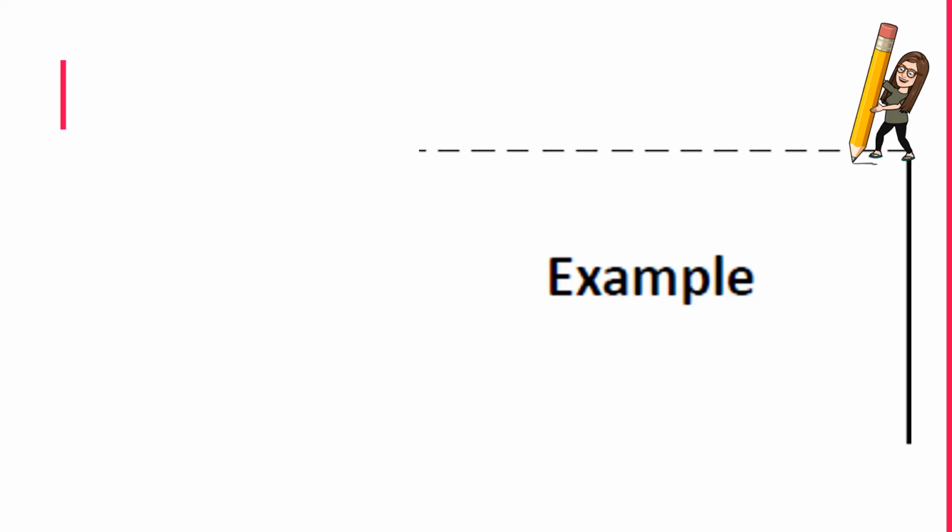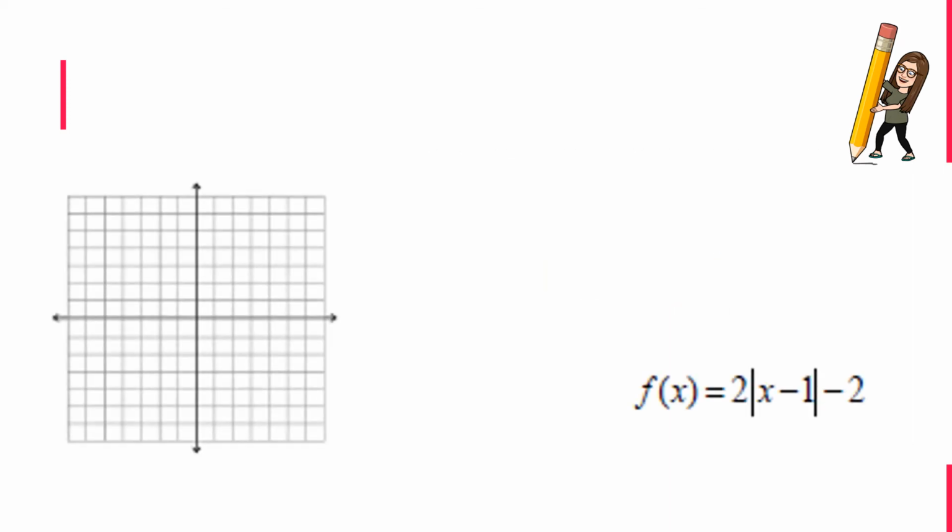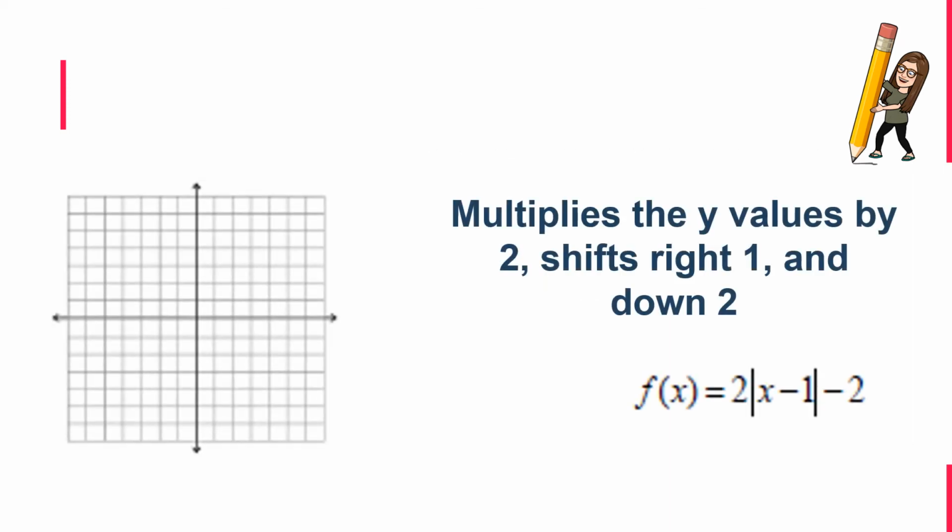Now you have a small example here in your notes. If I ask you to describe the transformations, I would say there's 1, 2, 3 pieces, so we would need 3 pieces of information. First of all, the 2 is a vertical stretch of 2. Okay, you are going to be asked this in the future. The -1 inside is a horizontal shift, and be careful, right 1.